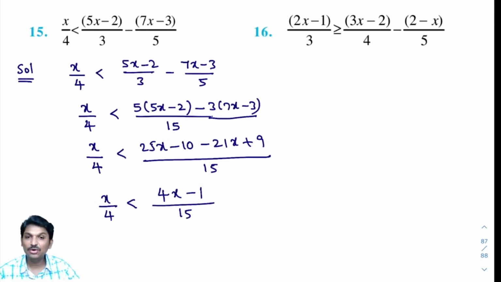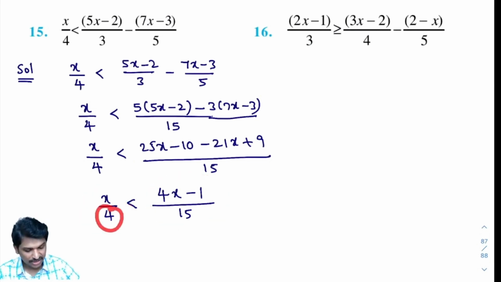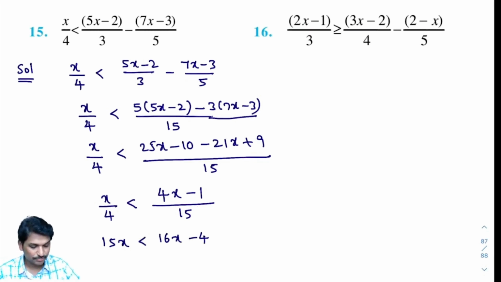Now actually what am I trying for? I am trying for x values. You can observe here in linear inequalities we cannot cross multiply actually, but in the denominator both the numbers are positive real numbers. We can cross multiply here, as these two are positive real numbers. What you will get? 15x is less than 16x minus 4.